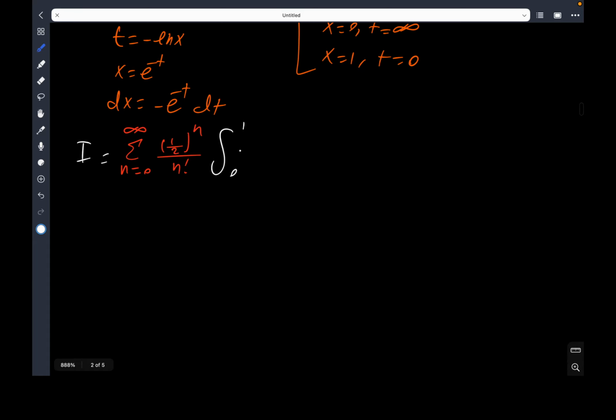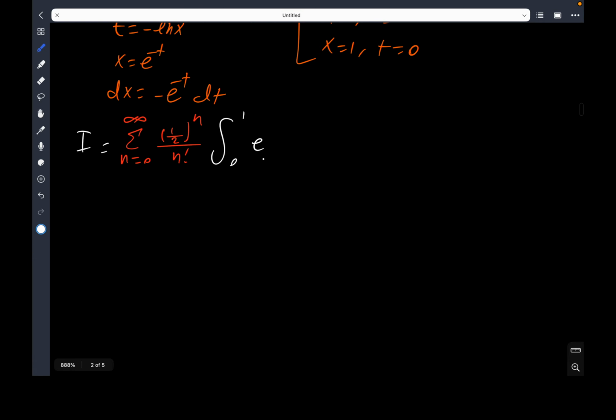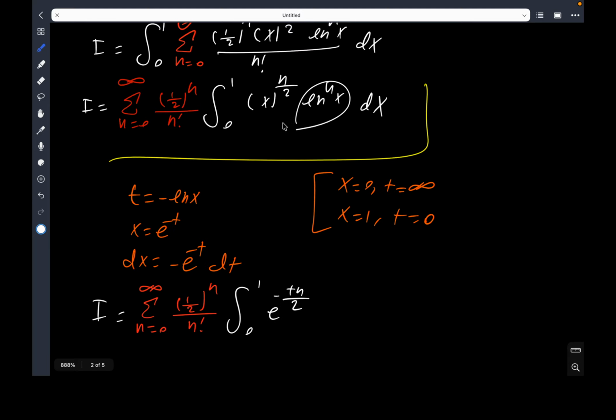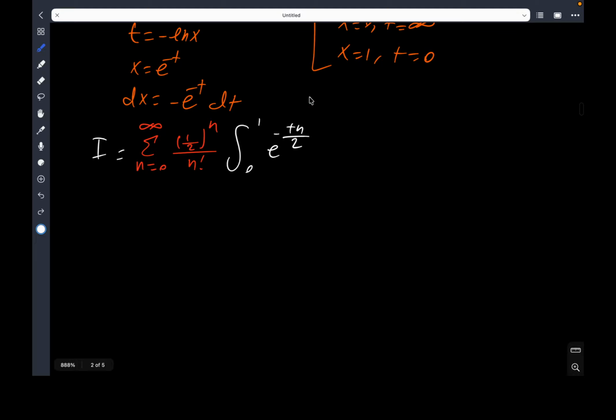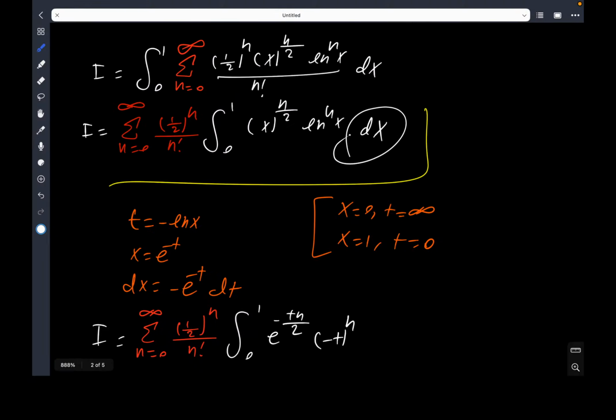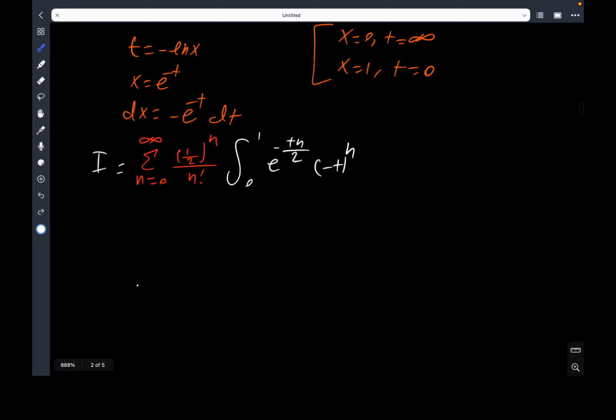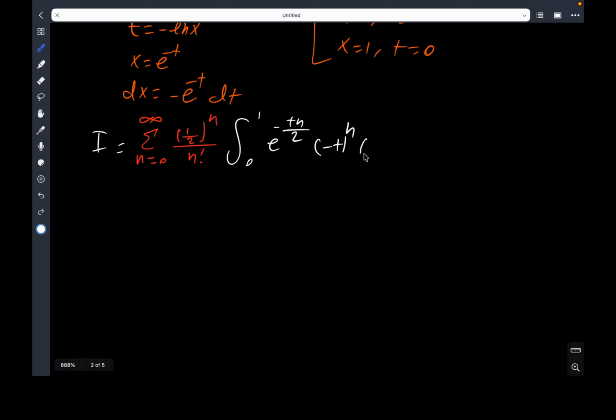It's going to be e to the negative t n over 2. I'm going to replace negative t for the ln x here, negative t to the n. And for dx, I'm going to replace negative e to the negative t dt.